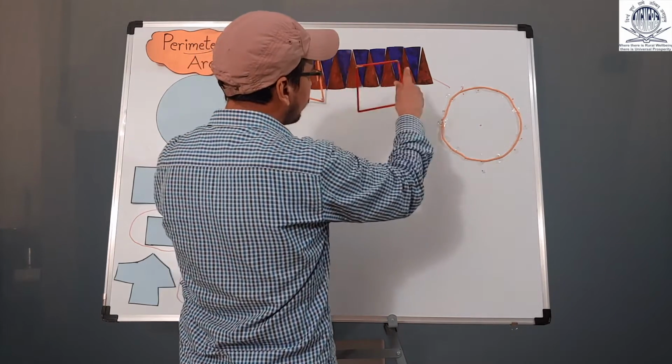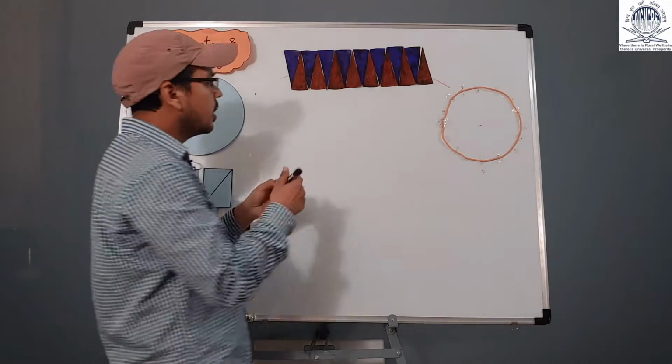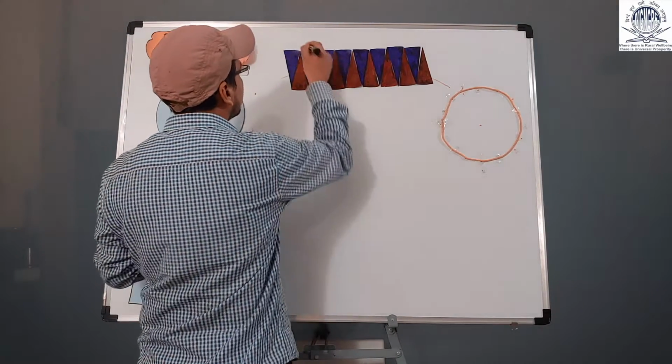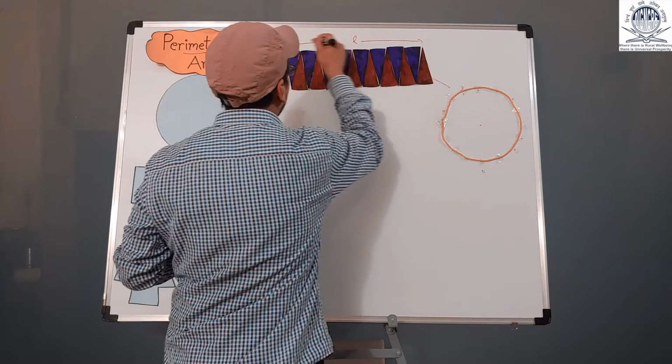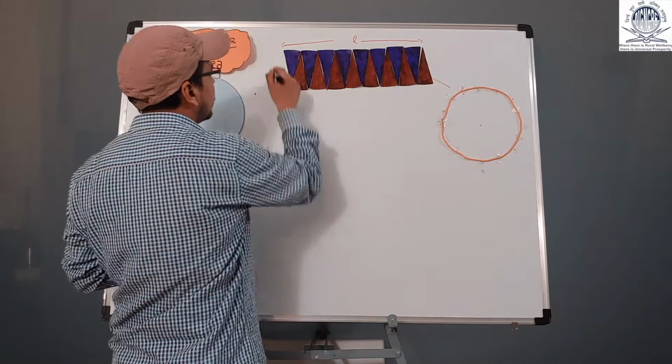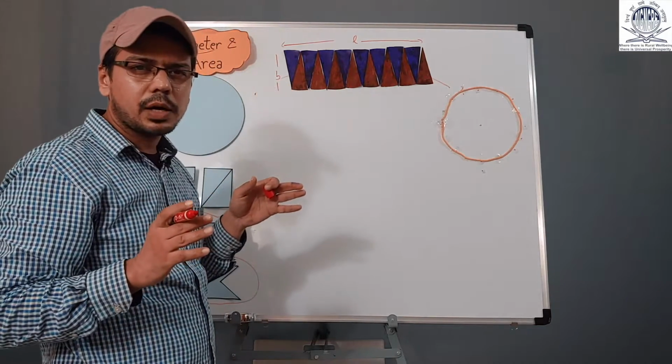Let's try to find what kind of lengths we are getting. Let's say I'm able to get this one length over here, and let's say I'm getting a breadth over here. So this seems very similar to some kind of rectangle.